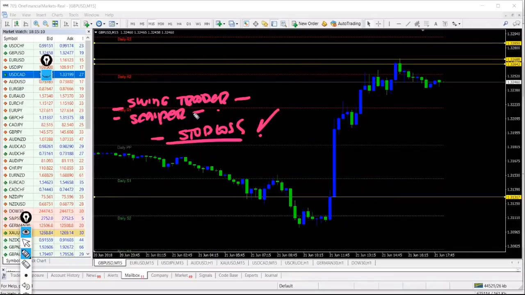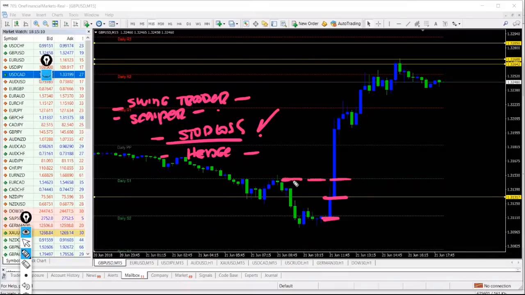So now the question is, well, what do we do? And what we do is the hedge. That is, to open transactions against the main trade when we see that the volatility is going against the price that we entered the market with. For example, we were here before the information was published on the interest rates of the pound in England.